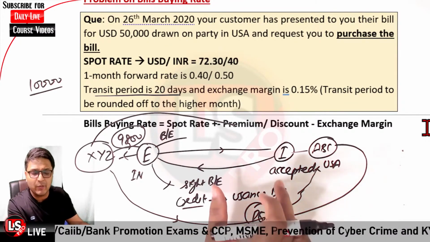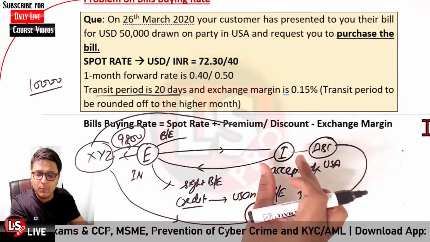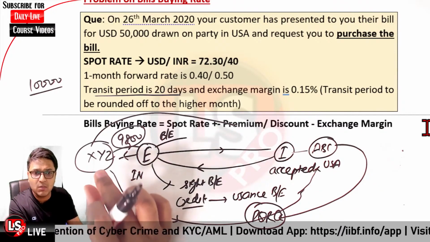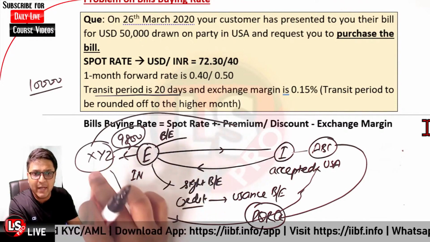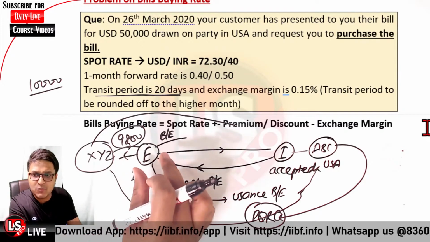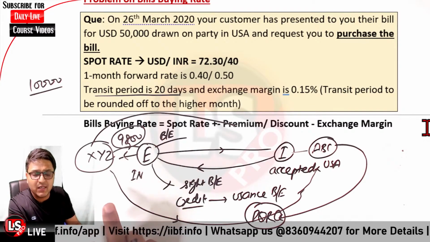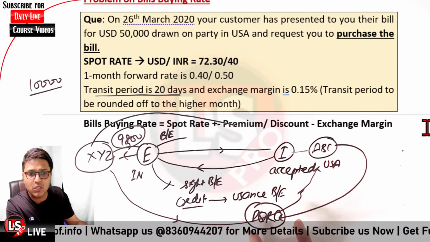So you know the concept of the bill of exchange, what it is. After the bill of exchange is accepted by the importer, the exporter gives this bill of exchange to the bank for discounting purposes. The bank provides liquidity to the exporter, and further the bill is presented by the XYZ bank through its counterpart in the USA, the correspondent bank.